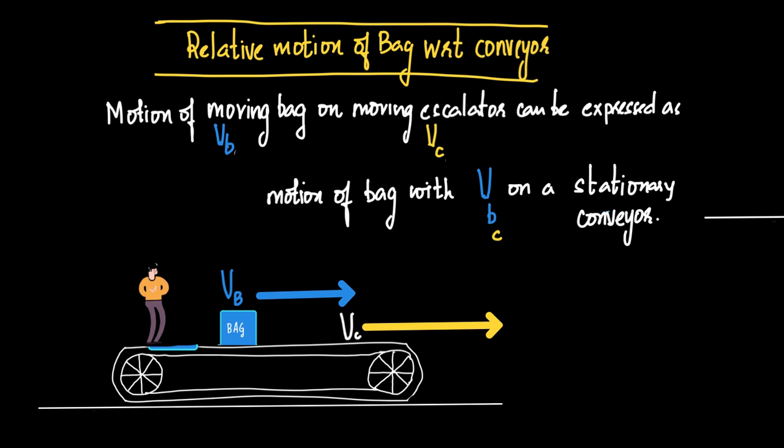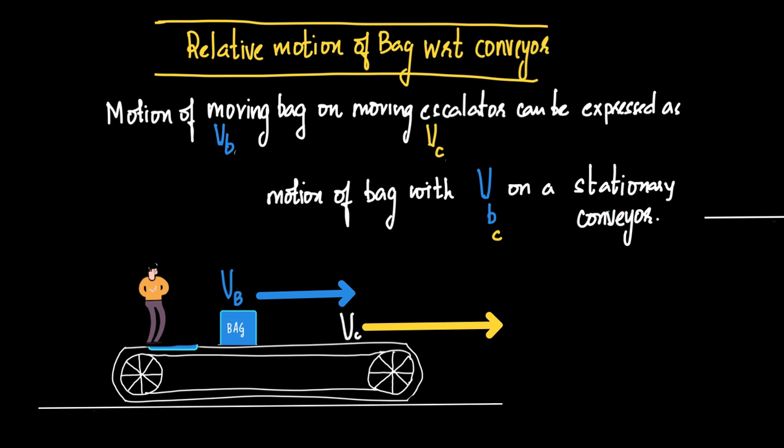Absolute velocity can be expressed as motion of a bag with velocity of bag with respect to conveyor belt on a stationary conveyor. Now look at the changes here. We have two components here, velocity of bag and velocity of the conveyor belt. Now while we study the relative motion, these two parameters got merged into one, velocity of bag with respect to conveyor, and the escalator which was moving is now considered to be stationary.